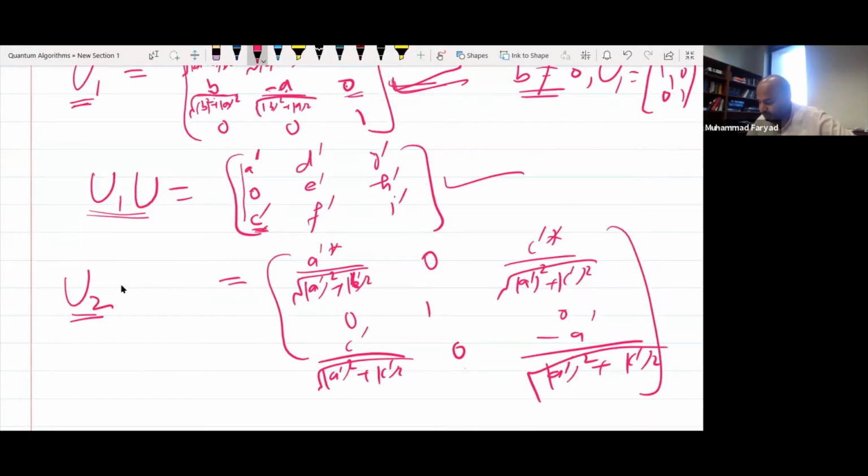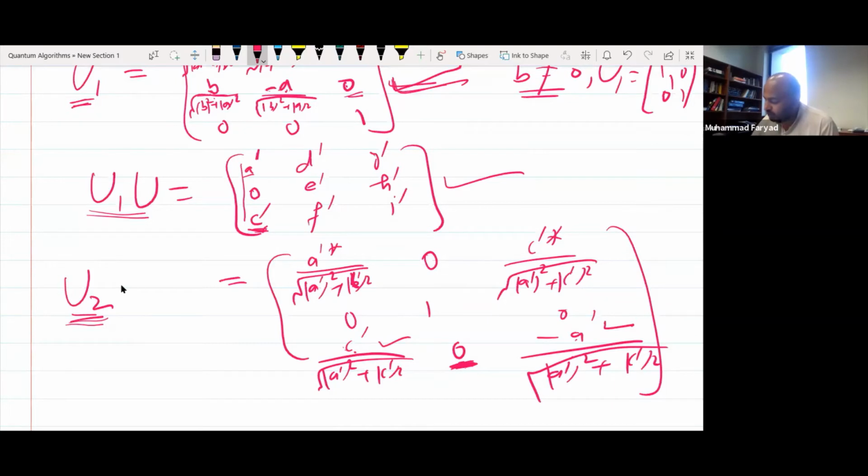So first of all, I can put a 0 here, because even though I could have put anything at this location, I want to have as many zeros and ones as possible, because at the end I also want to keep it a 2-level unitary. So let's put a 0 here, and there's an A prime here and a C prime here. So it means that I can just interchange the location and put a minus sign with one of them. So this is C prime, this is A prime, the sign is changed, and then I normalized it.